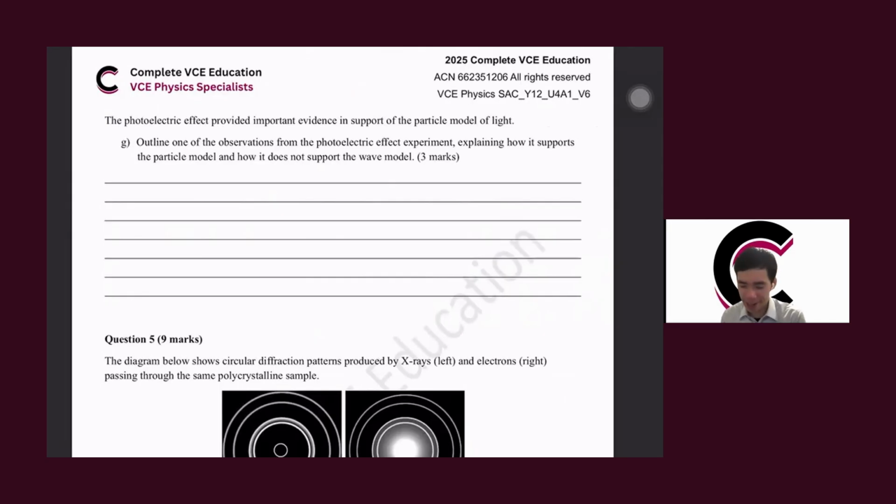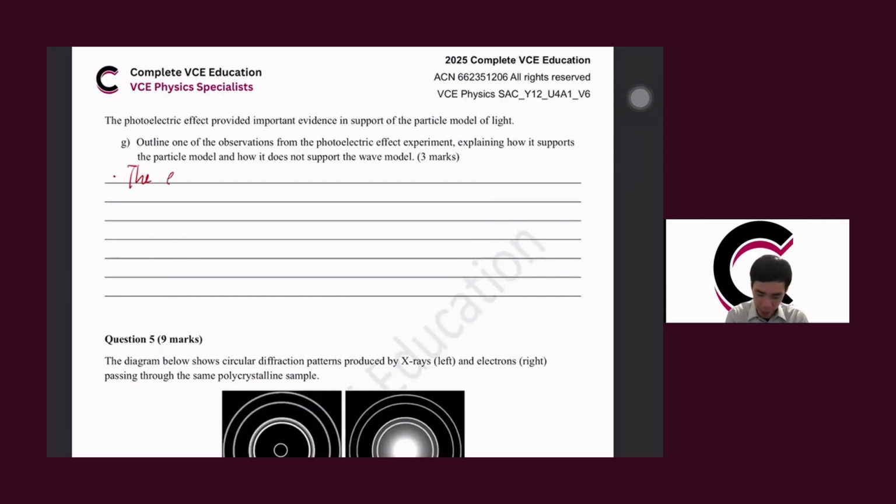We're almost there. Okay, so we got a couple more questions to go. Part G, outline the observations. All right. So I'll just give you one example. There are many things you can talk about. So one example is the threshold frequency.